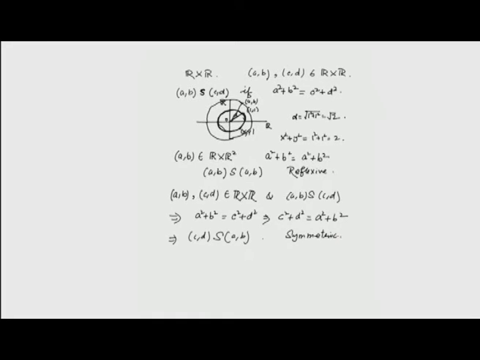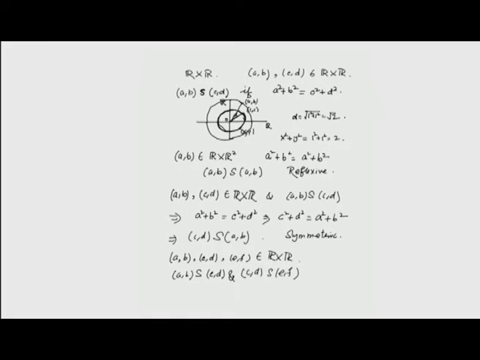Now, let us consider three elements (a, b), (c, d) and let us say (e, f), all elements of R cross R, and (a, b) related to (c, d) and (c, d) related to (e, f).